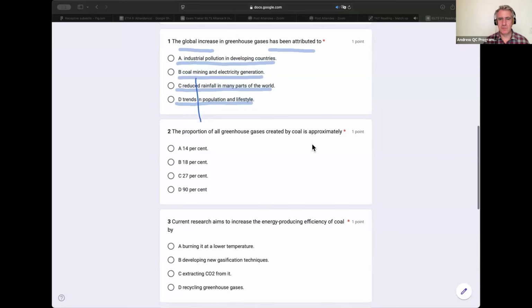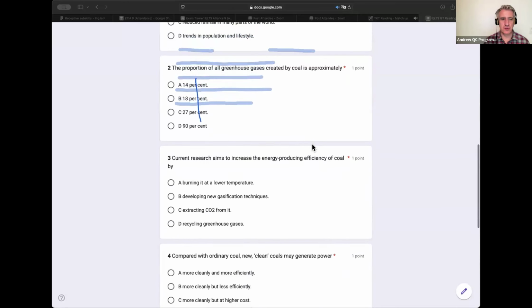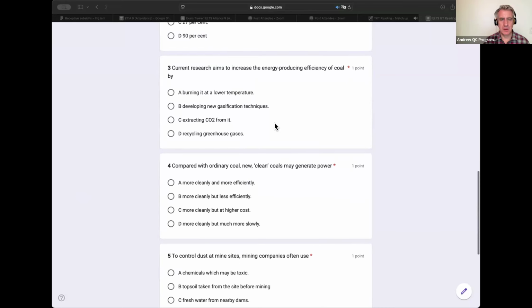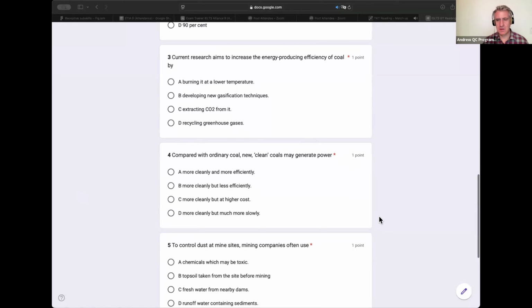Yeah. How about 3? Current research aims to increase the energy producing efficiency of coal. You could say coal might be made more efficient by.